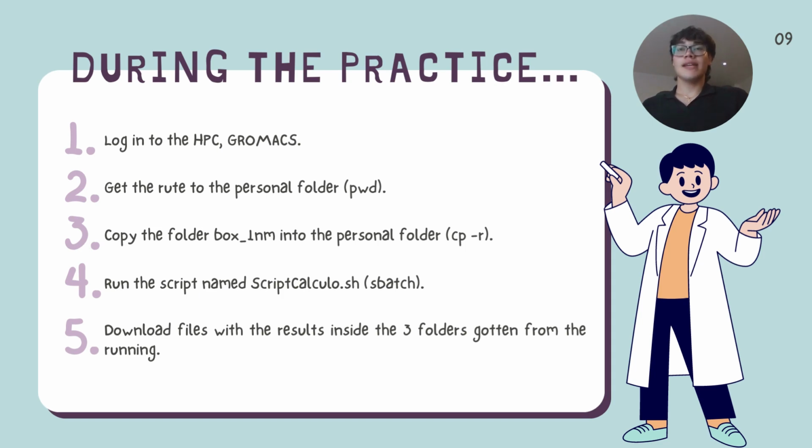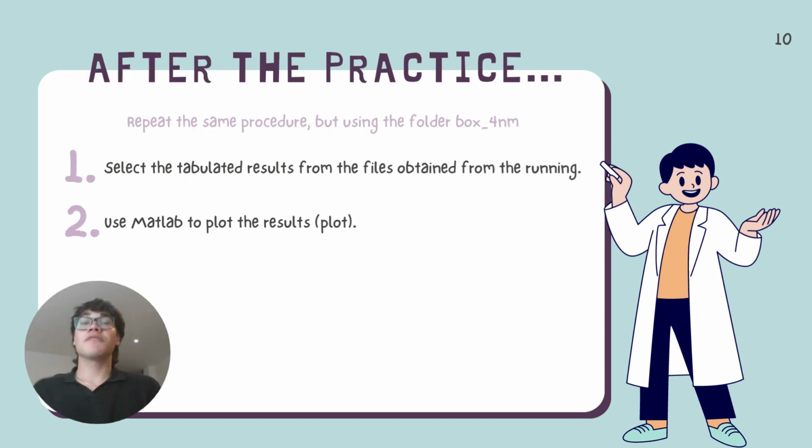So we can say that inside this step, there are other steps related to the run of the molecular dynamics that we already explained in the introduction. Finally, when we get the results, we downloaded the files that are inside the three folders gotten from the running, each folder related to each temperature that we already mentioned. After the practice, we repeat the same procedure, but using the folder box4nm in this case, that contains a script that runs a box of 4 nanometers of the system of molecules of water that contains around 18,000 molecules.